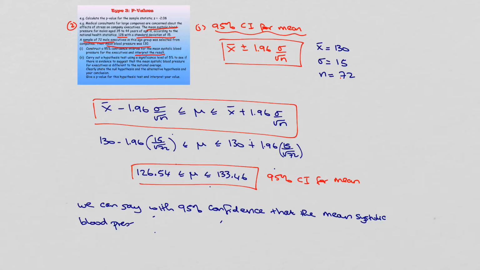And who was the mean systolic blood pressure for? All male executives. And again, what age are they? Well, they're aged 35 to 44 in large companies.